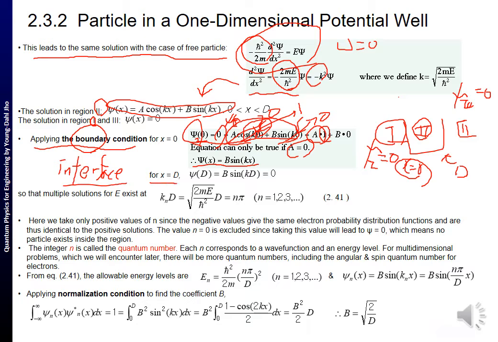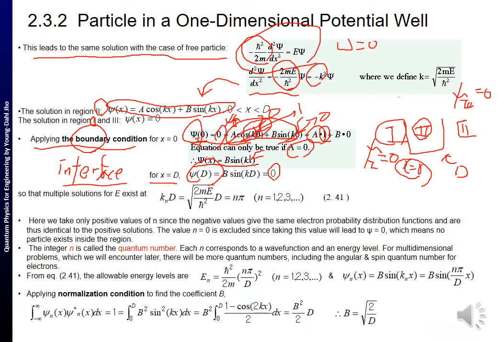Also for x equal d, psi d should be 0, so we put d into here, then b sine kd is equal to 0.